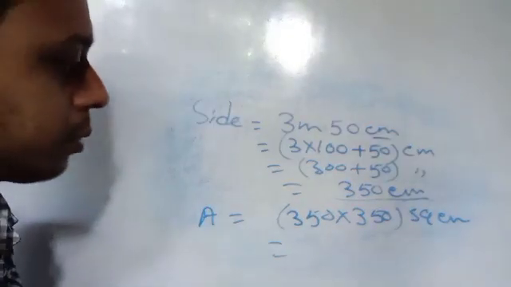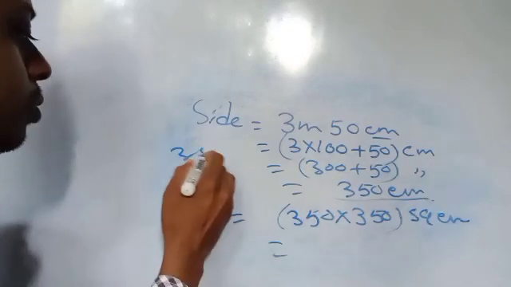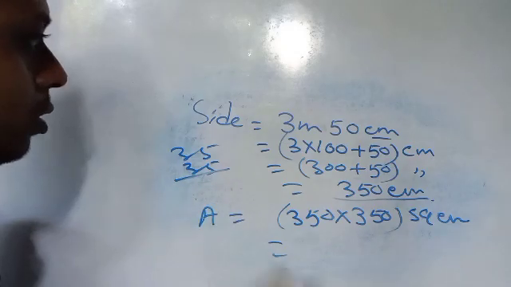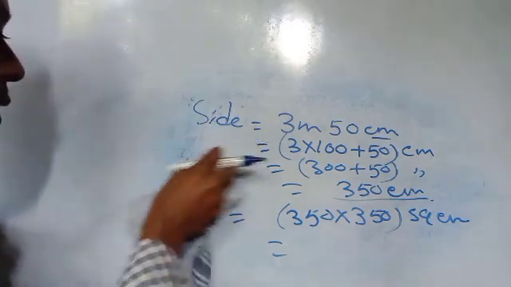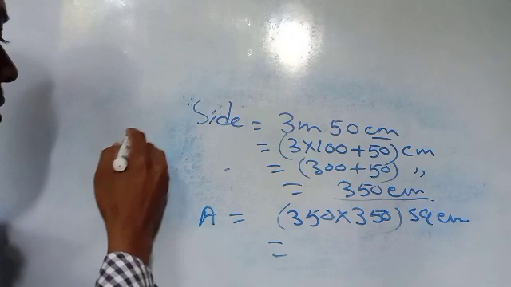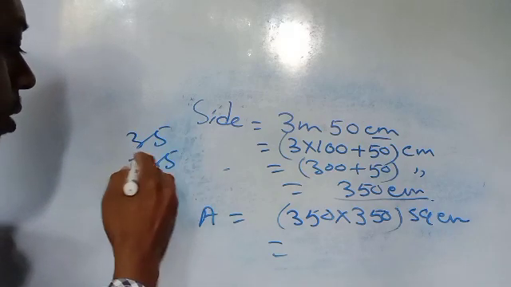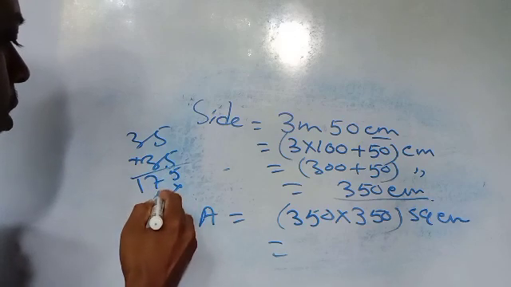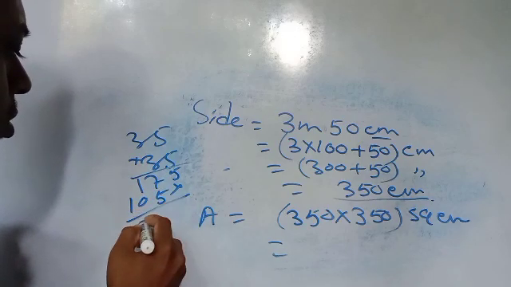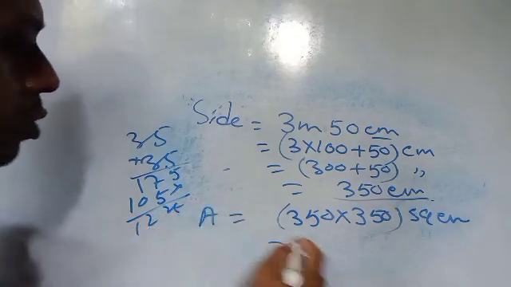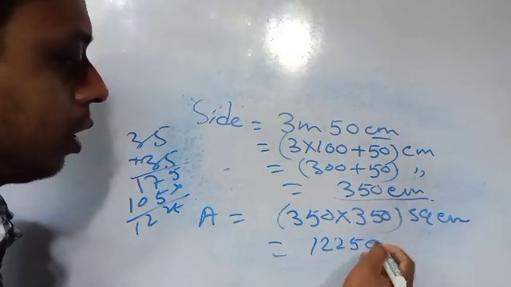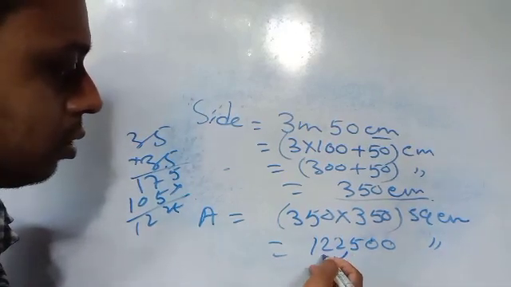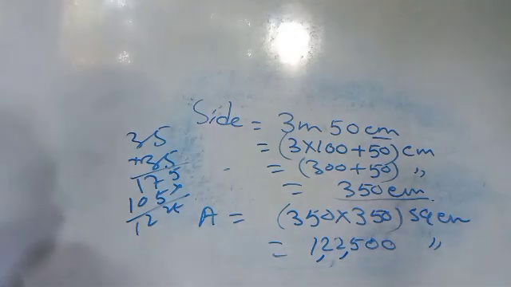Now 350 and 350, if you multiply 35 and 35, I think it will be 1225. 35 and 35, if you multiply, 5 5 25, 15, 17, 15, 9, 10. So 1225 and 00, that is 1,22,500 square centimeter.